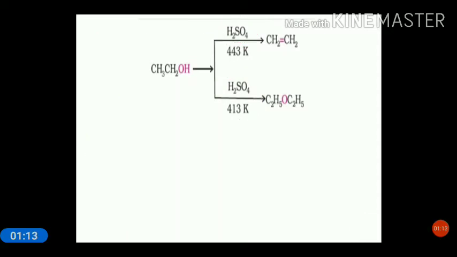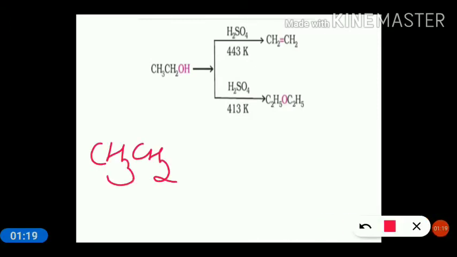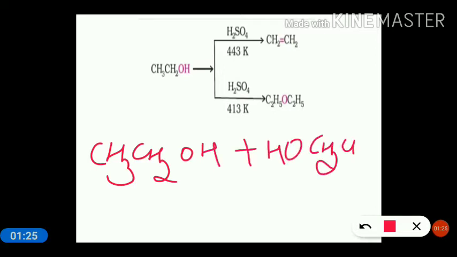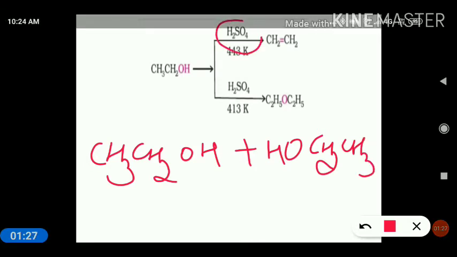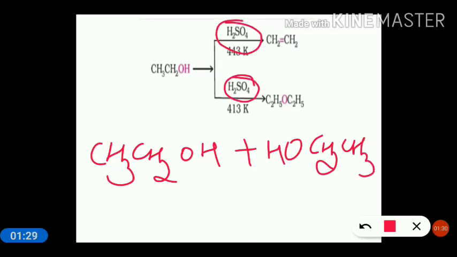Then what will happen? CH3CH2OH. And if it is in excess, then what will happen? Obviously, the dehydrating agent is there in both cases. So here also there is removal of a water molecule.